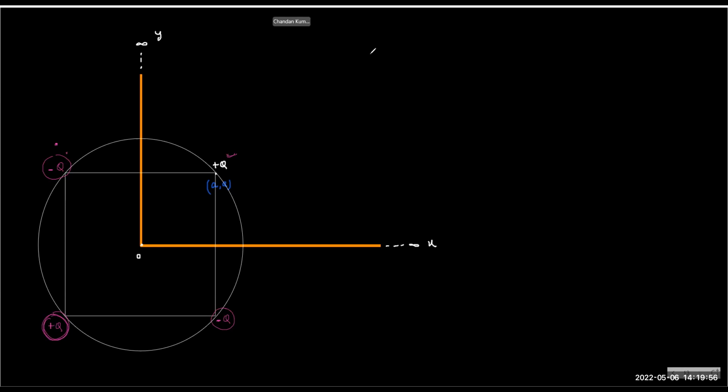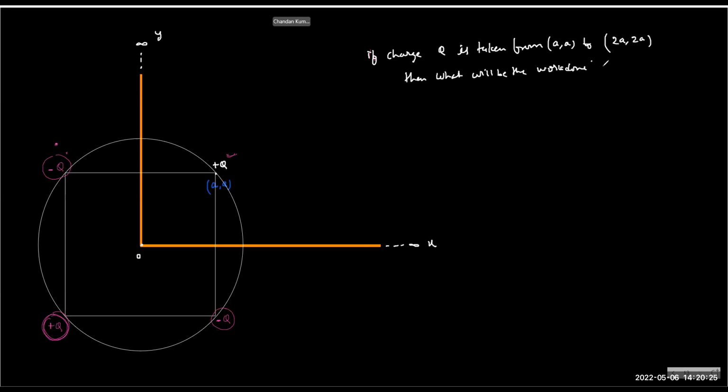So if charge Q is taken from a to 2a, then what will be the work done by external agent? What will be the minimum work done, because I'm doing it externally, minimum work done by the external agent to do so?